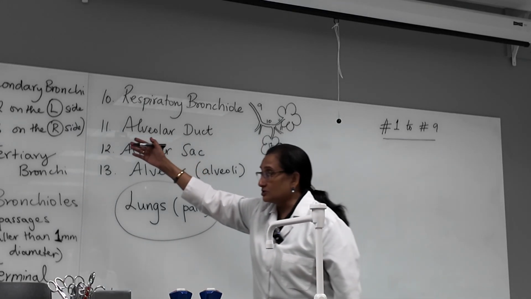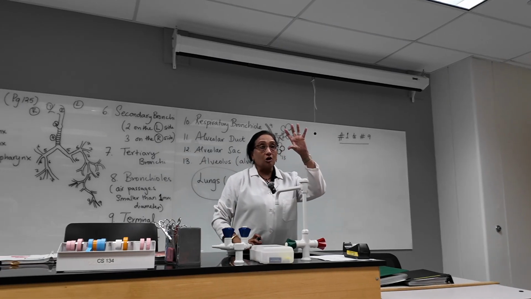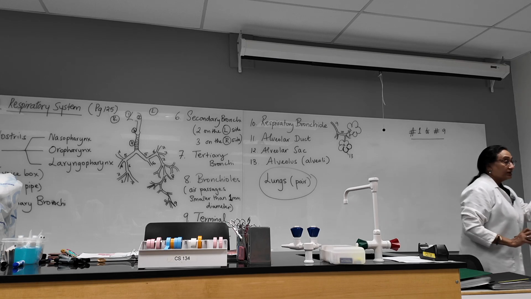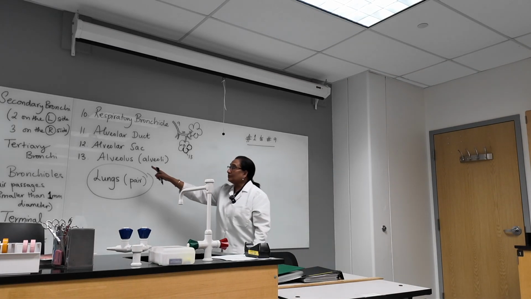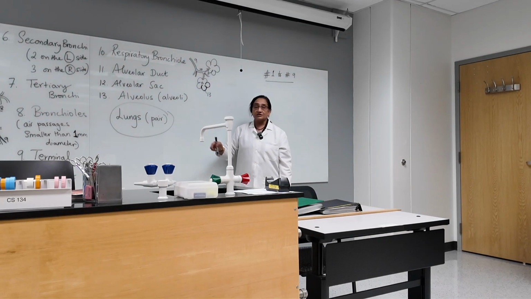Of course all of this is also there inside your lungs. So your lungs is a very soft sponge-like structure. It's not a solid organ. It's a sponge-like organ, very soft, because it is filled with these air sacs. Okay, so that's what it is.